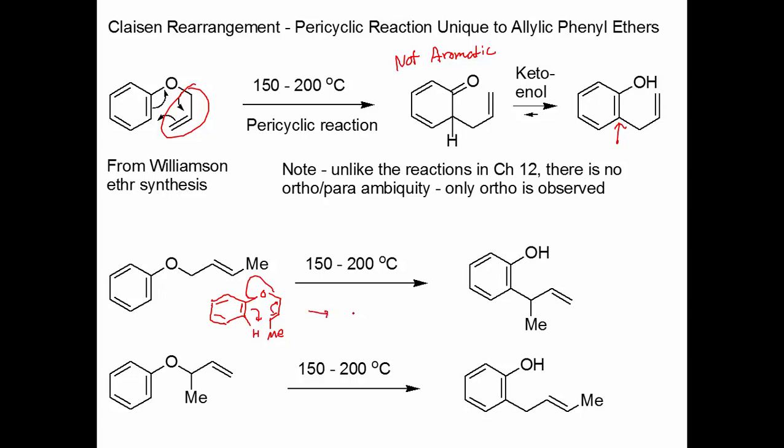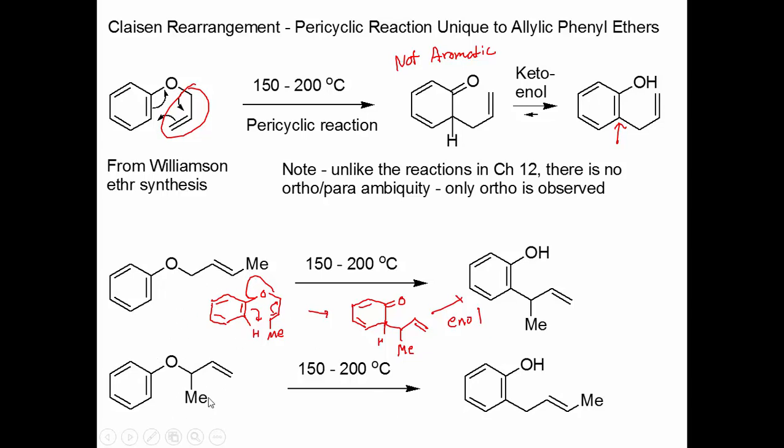We're going to make the unstable ketone form. Okay. And then this is going to turn into an enol, and that gives us the product. Okay? All right, so let's move the methyl here.